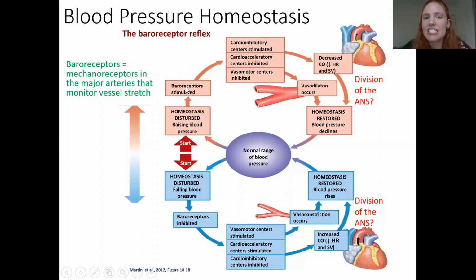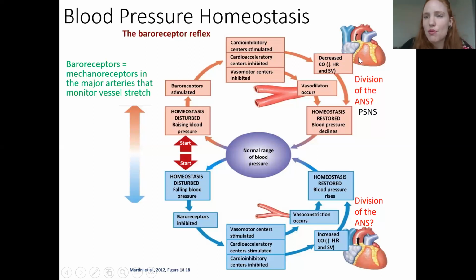The baroreceptors then take that information to the brain, and the brain would therefore be the control center. From there, the brain is going to decide what to do. That's why it's the control center, and it's going to do 2 things. The first is it's going to take the efferent pathway to the heart, and it'll cause the heart rate and the stroke volume to decrease. When you decrease heart rate and stroke volume, you decrease cardiac output. Which division of the autonomic nervous system would decrease heart rate?